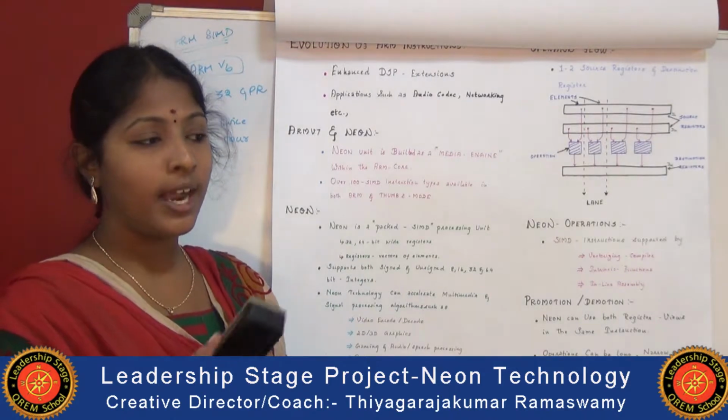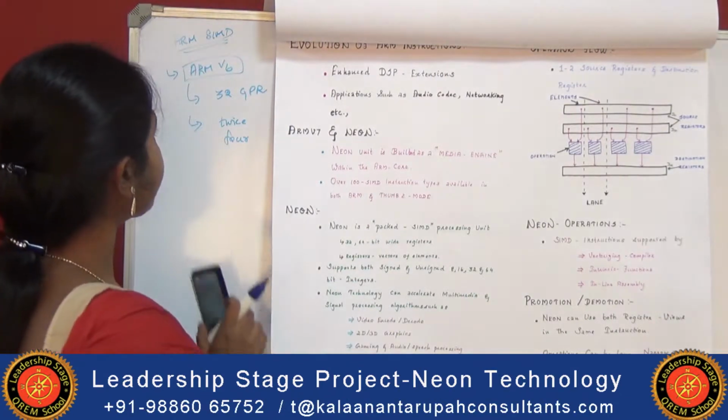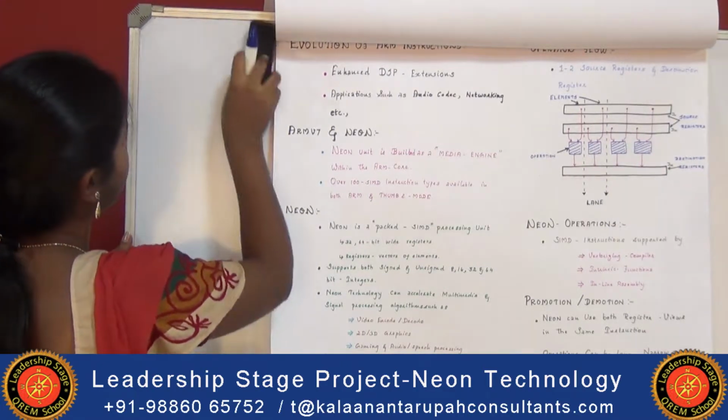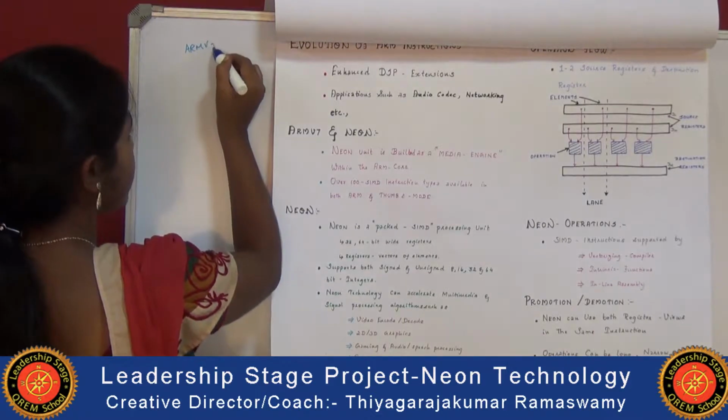It can perform the instruction twice or four times as quickly, and it doesn't need additional computational units. Then we go for ARM V7 and Neon.